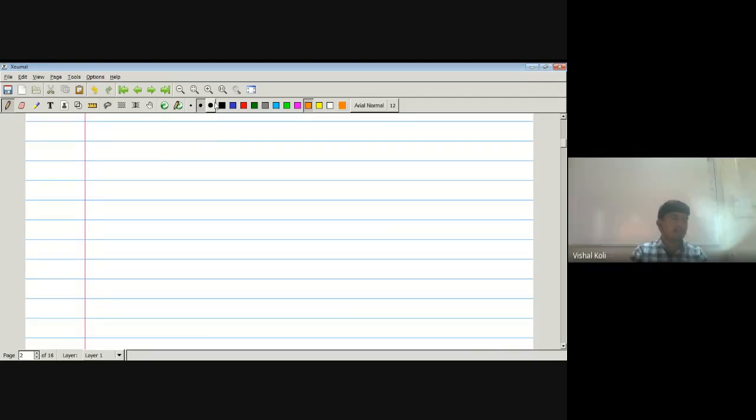Okay, now find the adjoint of the matrix A in the examples. First one, find the adjoint of matrix A whose entries are 4, 2, -1, 3.